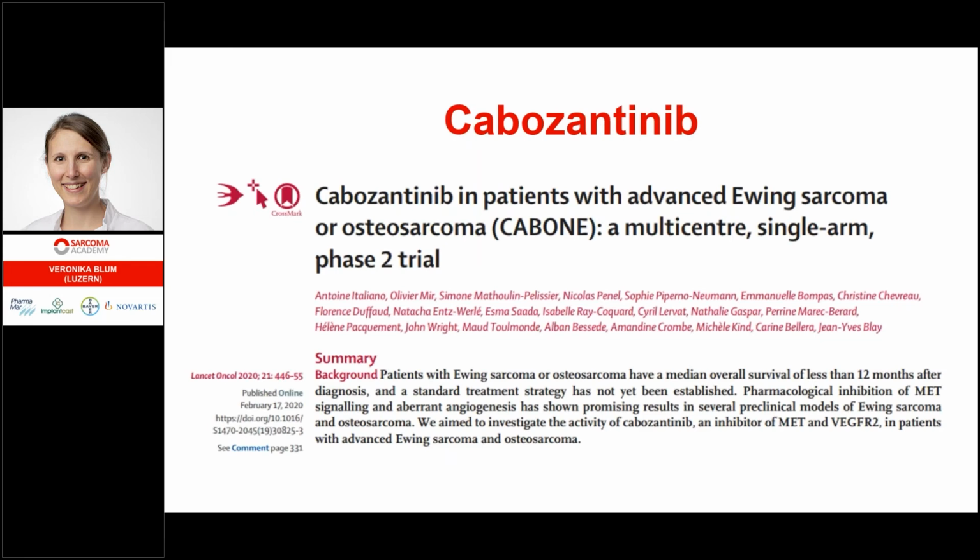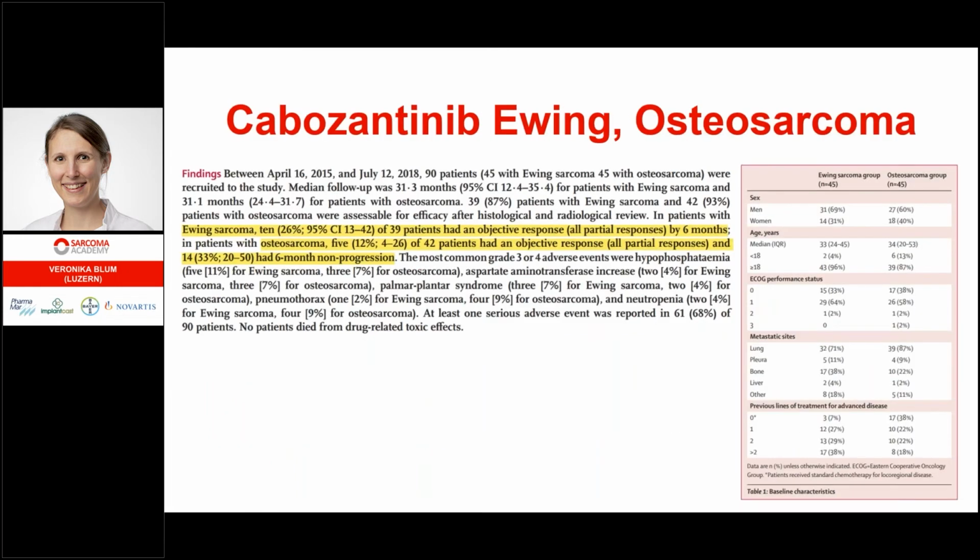You for sure all know this paper about Cabozantinib in patients with advanced Ewing sarcomas and osteosarcomas. So we proposed this to the patient because there was in 26% of Ewing sarcomas and 12% of osteosarcomas a stabilization or a partial remission of the disease.